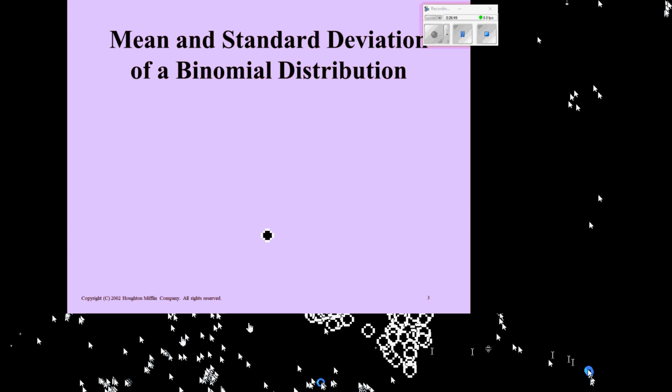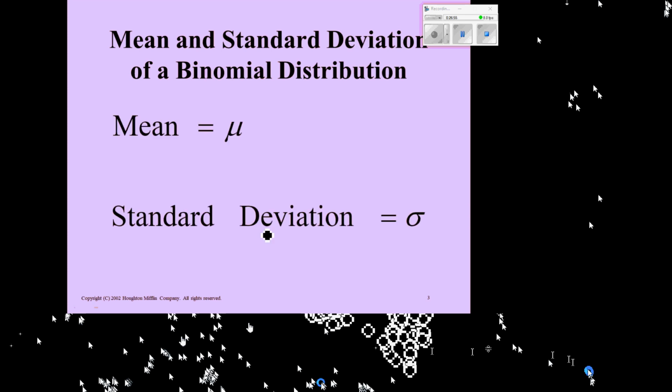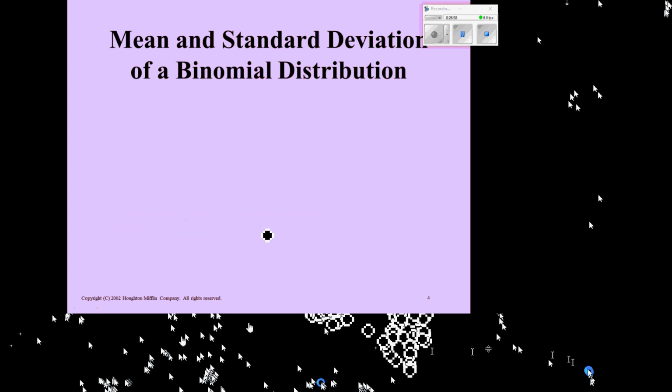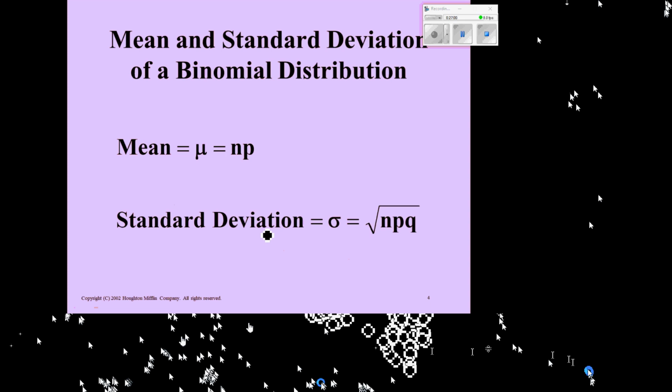What's the formula of the mean? N times P. And your standard deviation is the square root of N P Q.